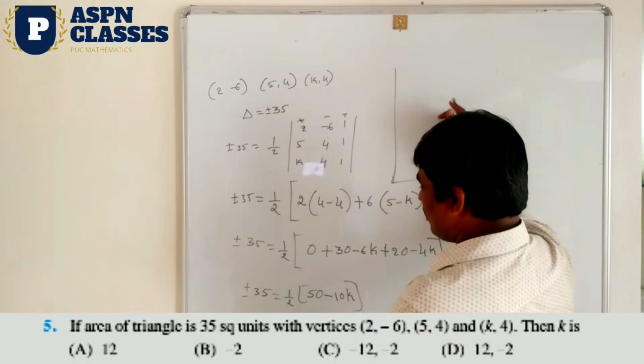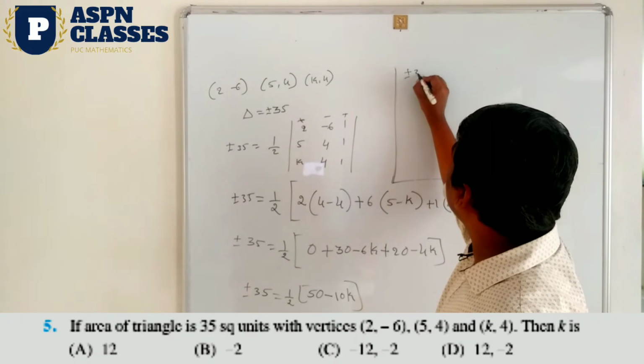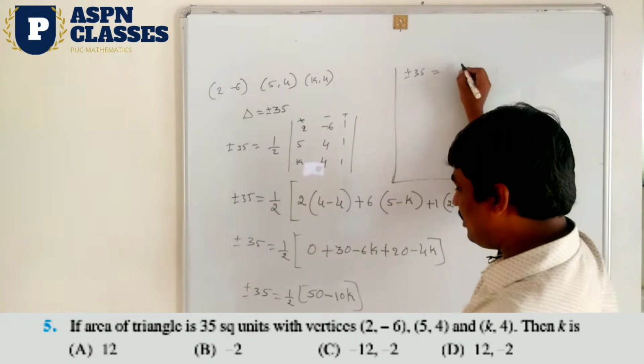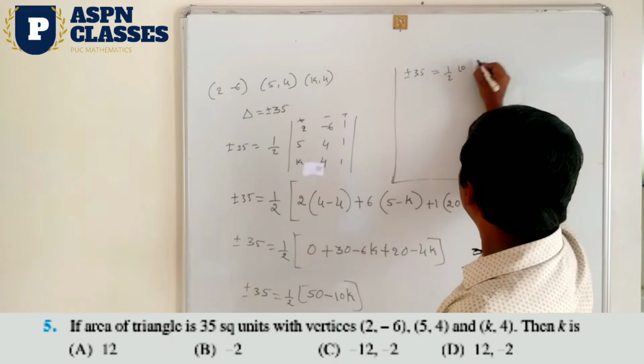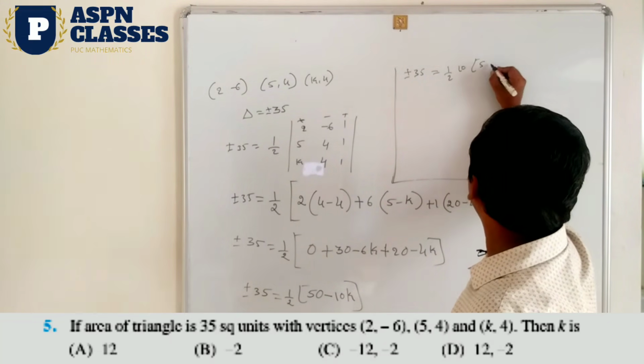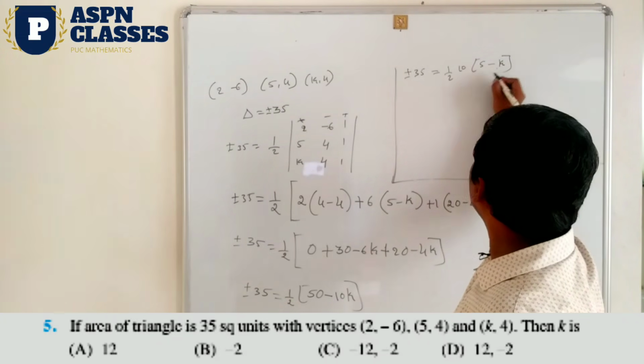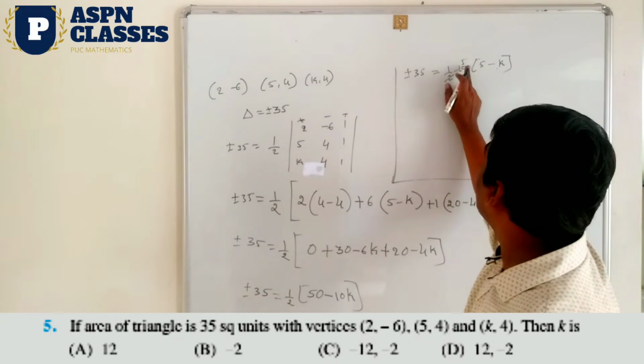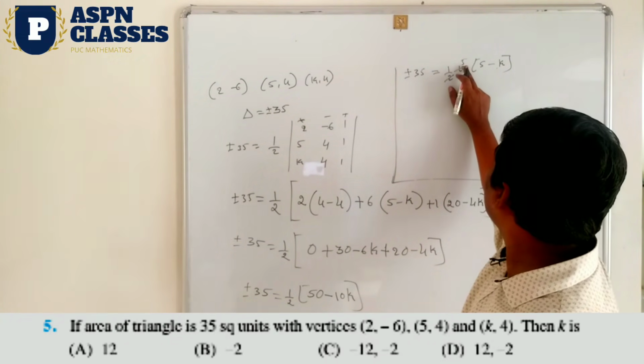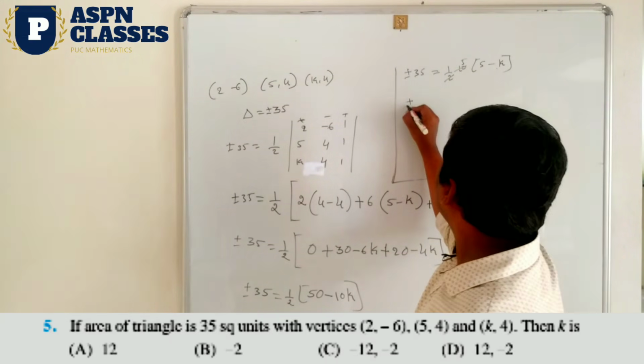After taking 10 as common factor, observe what is remaining. You write here plus or minus 35, 10 I am taking common factor, here remaining 5 minus k, correct. So 2 1s are 2, 5s are, again here remaining 5. So 5 is the multiplication, take it to this side means divisible.